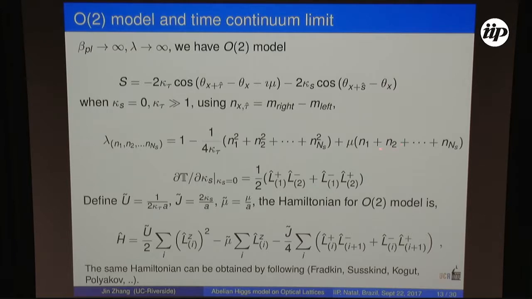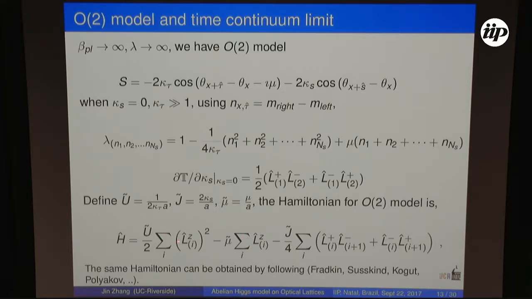Here we have an n squared term and an n term. Similarly, for the leading term for kappa s, we find it's like this. It's like the hopping term in the spin chain. So finally, we find the Hamiltonian for the O(2) model is like this.